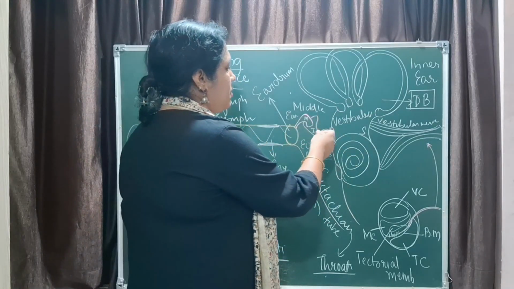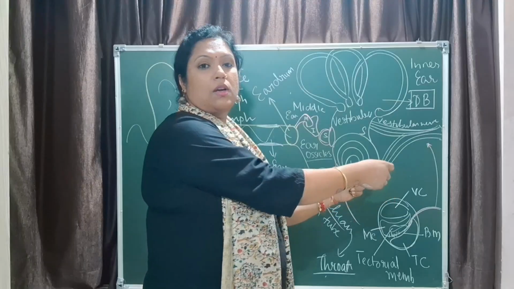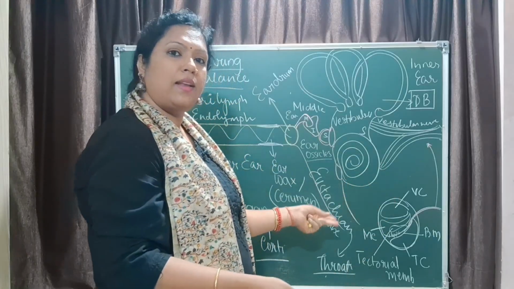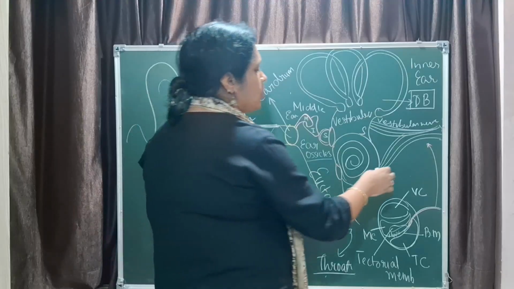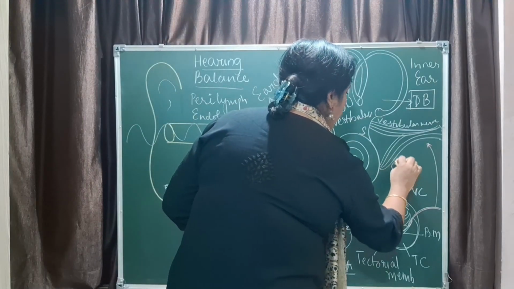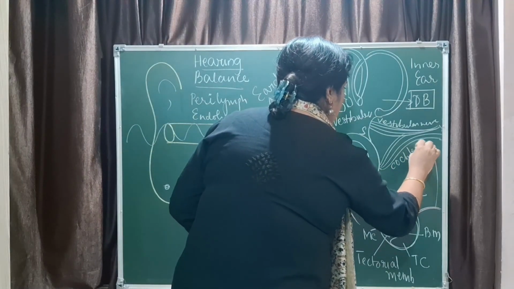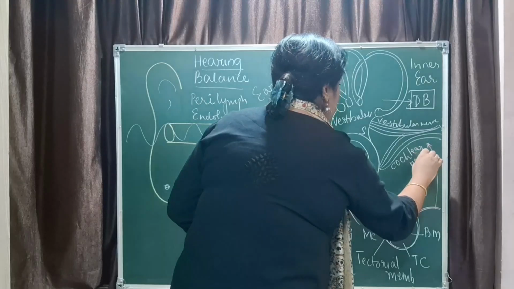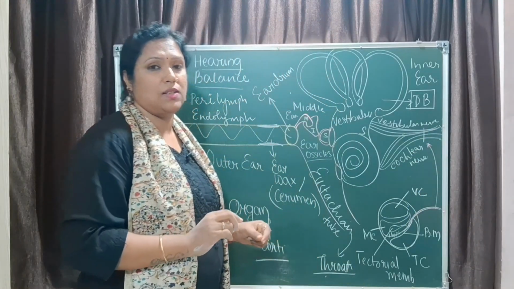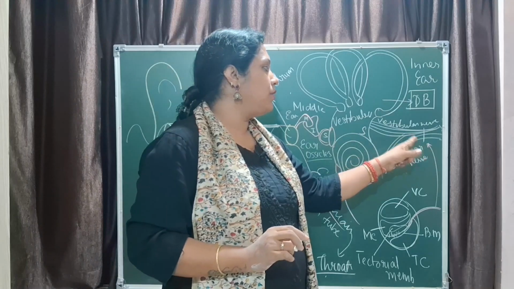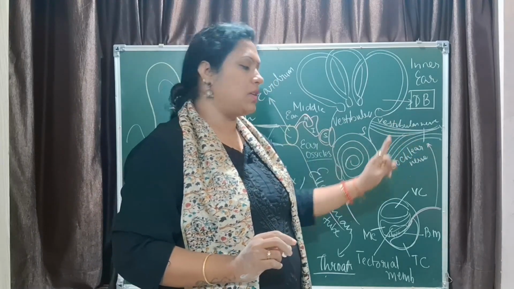So the vibrations are converted into ripples in the fluid, and then the brain senses what we are talking about. This is the cochlear nerve. These two nerves, the vestibular nerve and the cochlear nerve, combine to form the auditory nerve.